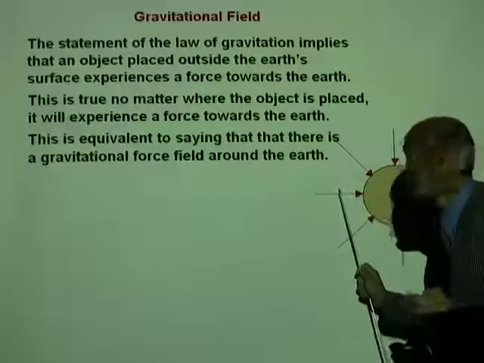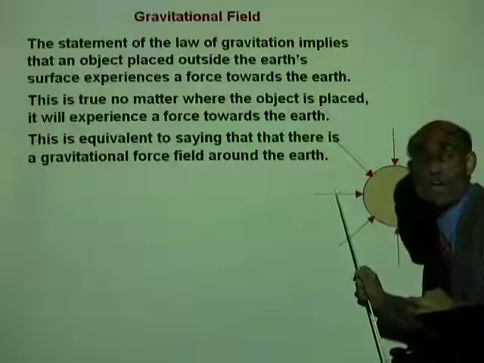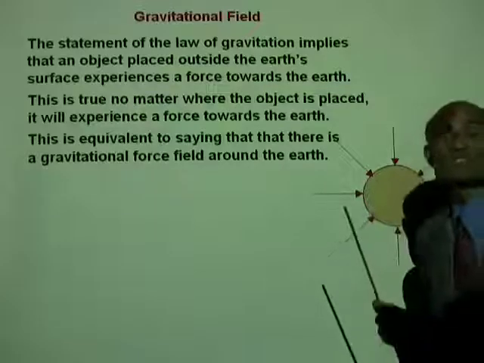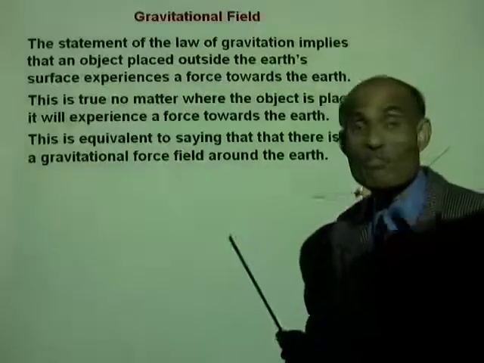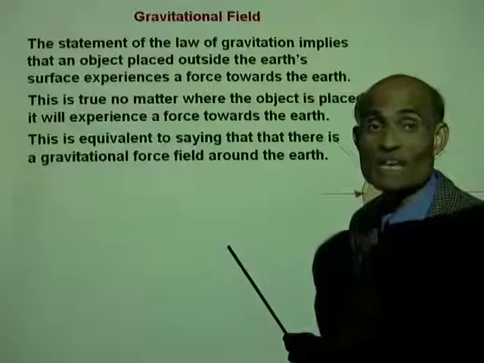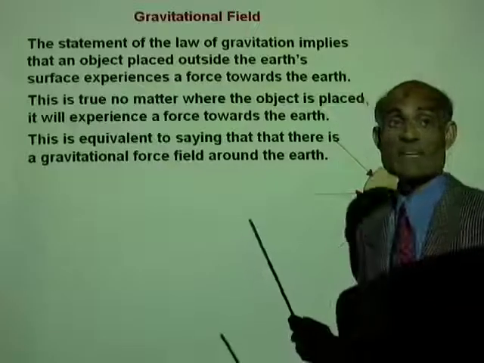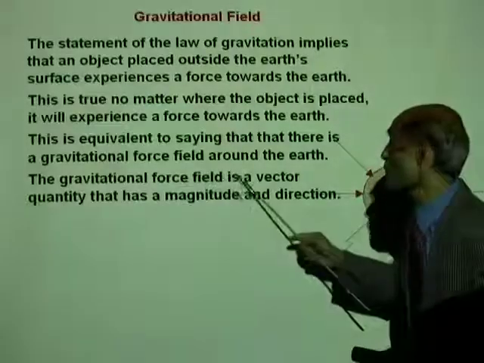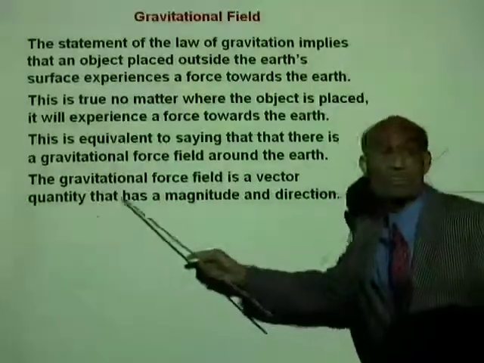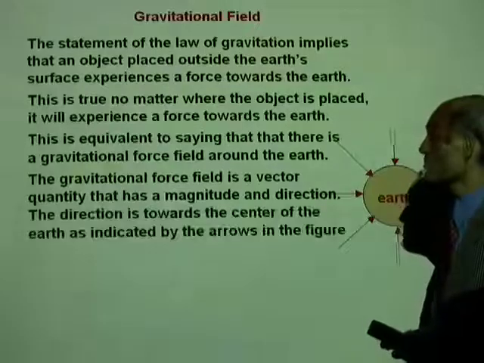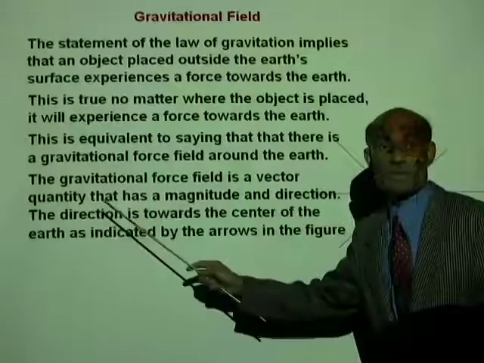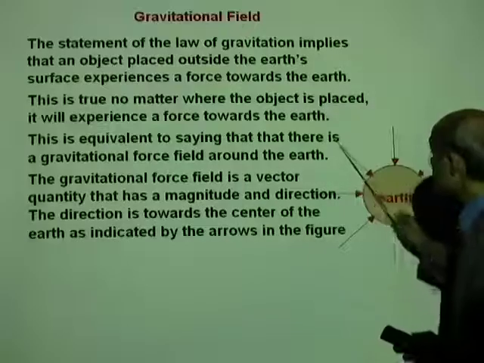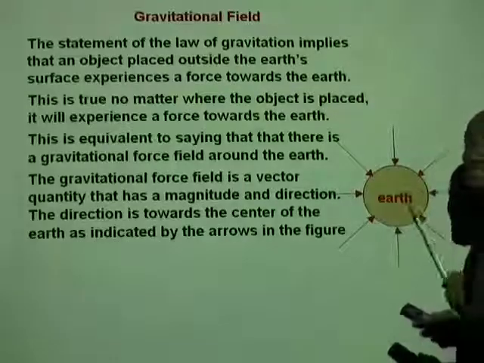Magnitude is the amount of force an object will experience, and the direction is towards the Earth. All right. The gravitational force field is a vector quantity that has a magnitude and direction. The direction is towards the center of the Earth, as is indicated by these arrows.